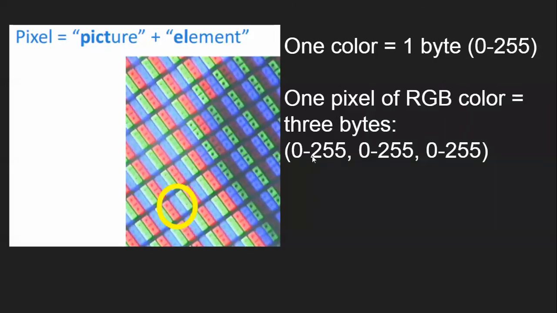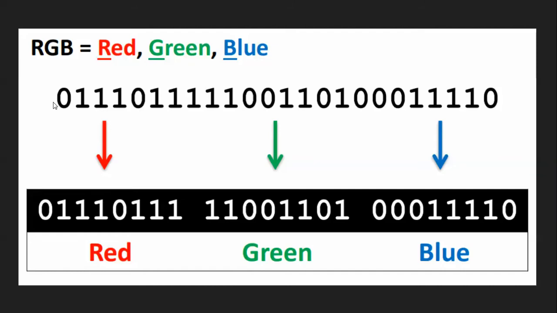So you have a value from 0 to 255 for red, 0 to 255 for green, 0 to 255 for blue. So if you looked at a bit string, here's 24 bits. When you divide them up into 3 sections of 8, here is the binary value for the red, here's the binary value for the green, here's the binary value for the blue. So these are all numbers between 0 and 255 telling the computer how bright you want those channels, the red, green, and blue channel, to go.